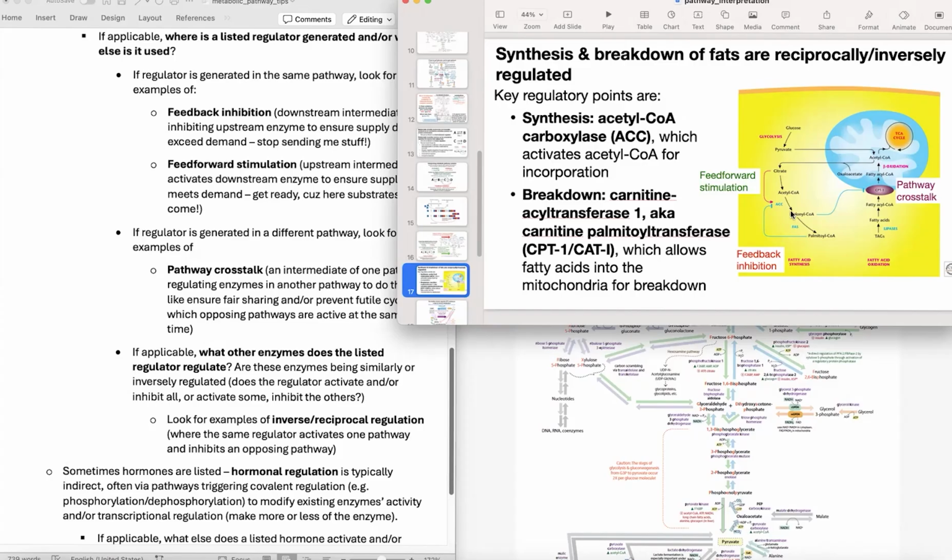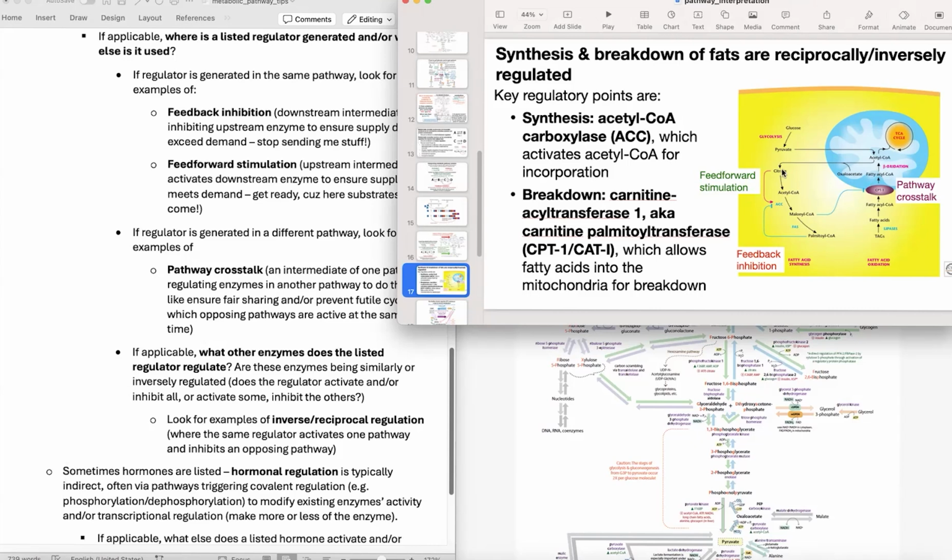What happens is that the malonyl-CoA that's generated during the process of making fatty acids can bind to and inhibit that CPT1 or that CAT1 to inhibit the breakdown of the fatty acids so that you're not breaking down the fatty acids that you're making. So this is going to be an example of pathway crosstalk.